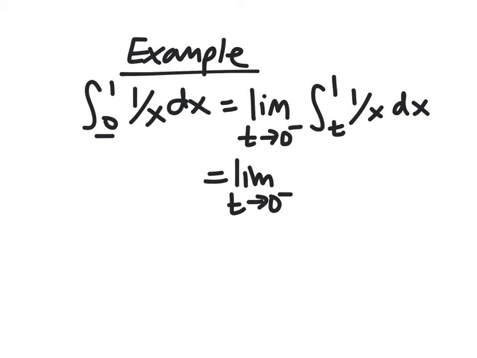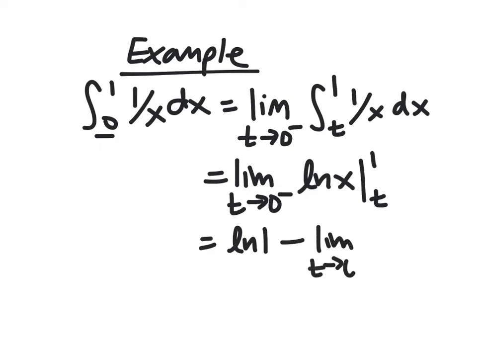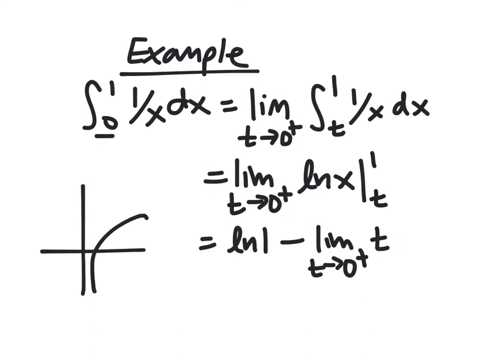And you can kind of see here why this would be a potential issue, right? Because if I don't do the limit and I just plug in 0 to the natural log, well, 0 is not in its domain, right? So that seems like a problem. On the other hand, I can definitely take the limit. So this is a natural log of 1, aka 0, minus the limit as t approaches 0 from the right, and we will be taking the natural log of t, and we know what our graph of the natural log looks like, right?